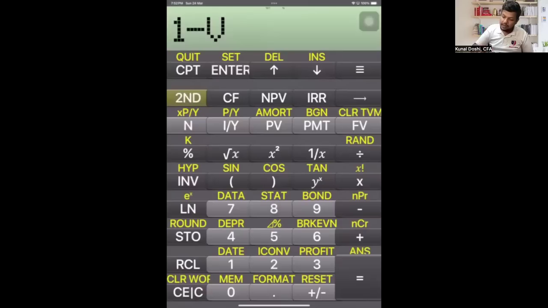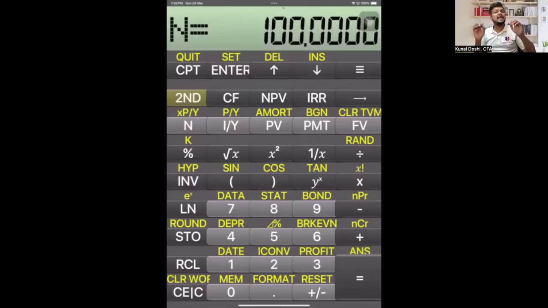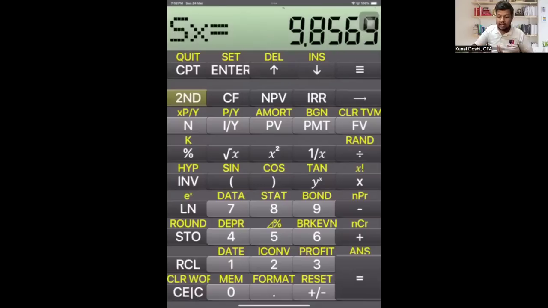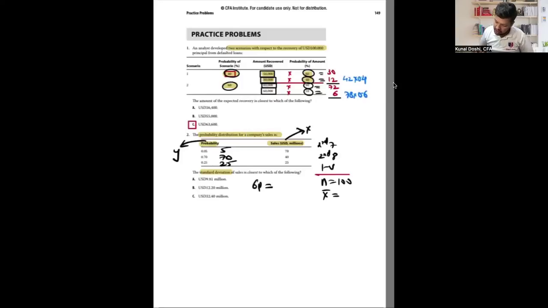Second 8. Down arrow, yes, my n should be 100, means everything is perfect. Down arrow, my mean is 37.75. I don't need it. I don't need the sample standard deviation here. I need the population standard deviation, which is approximately 9.8075. That is 9.81. So my population standard deviation here is approximately 9.81, which is the answer A. 9.81 USD sales.